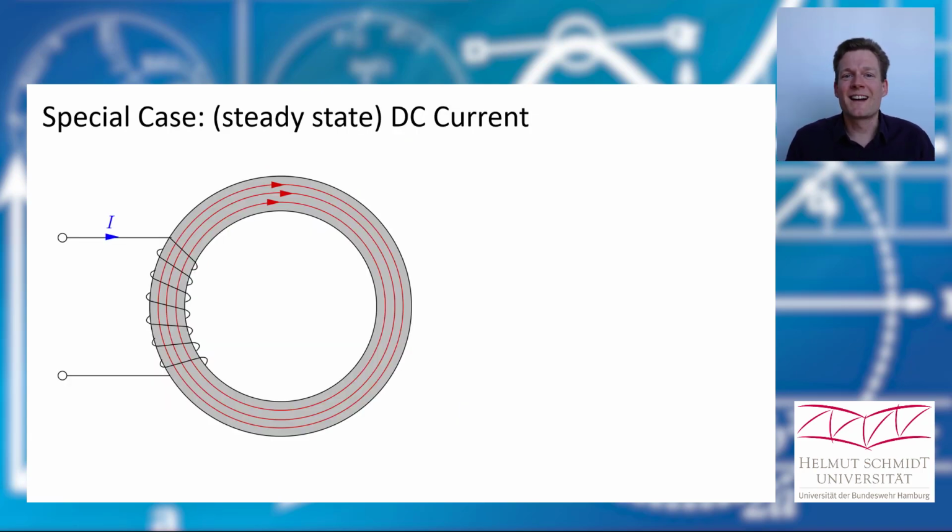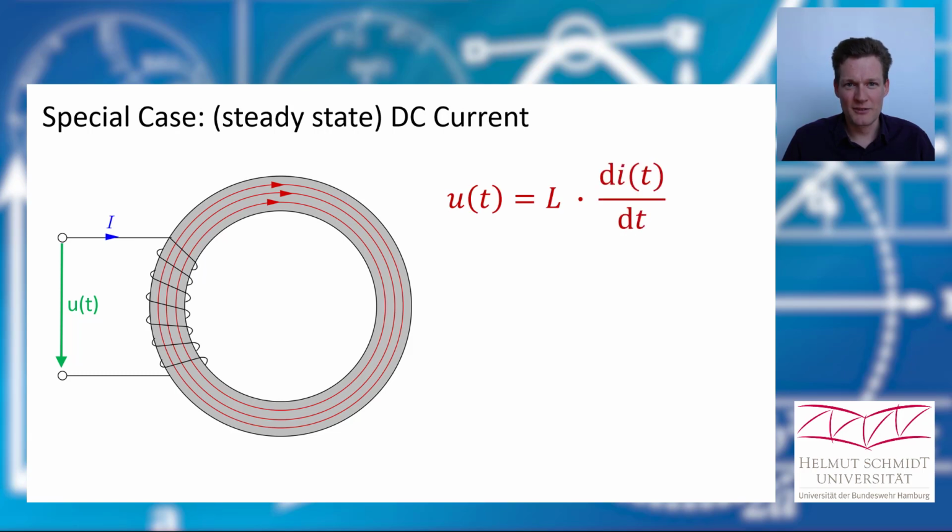Okay, let's discuss our important cases. If we have a steady state current, we've seen it in our simulation. Steady state means that the loading process is over. So we have a DC current here and we want to calculate the voltage drop. We can use our element equation, and this time the current is a constant.